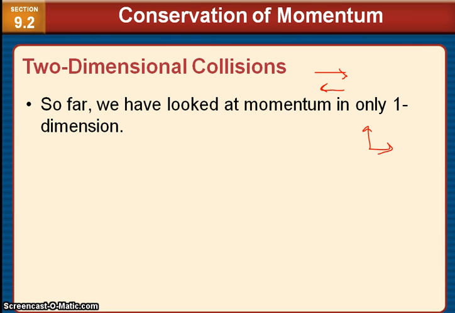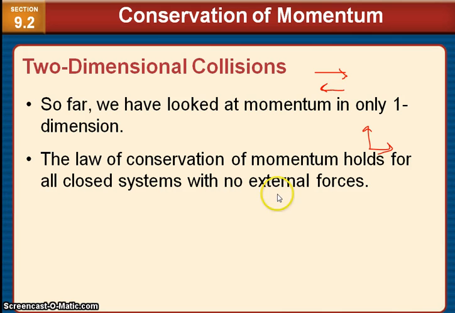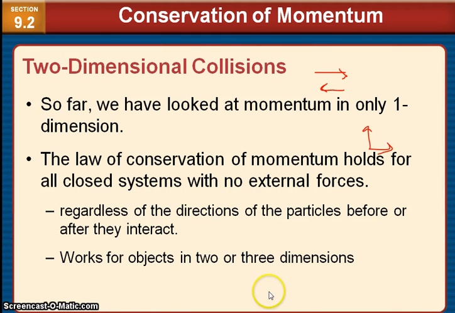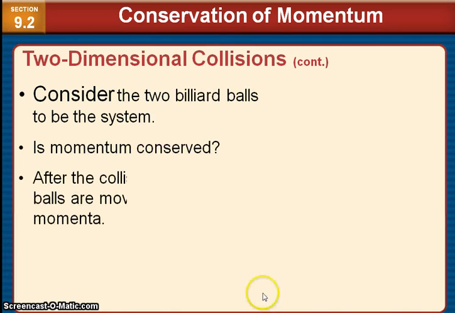So the only thing that we have to do is consider those extra dimensions. The law of conservation of momentum also holds true for other things as long as it's a closed system and has no external forces. No matter which way it's going, as long as it's closed and isolated, it can work, regardless of the directions before they interact. So it can work for objects in 2 or 3 dimensions.